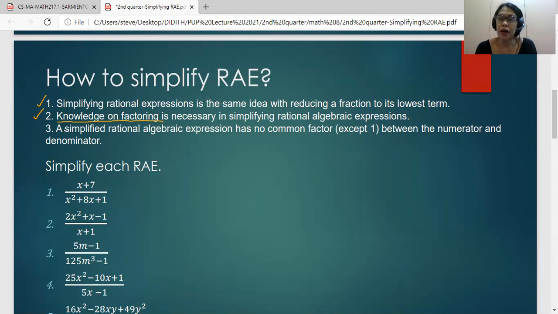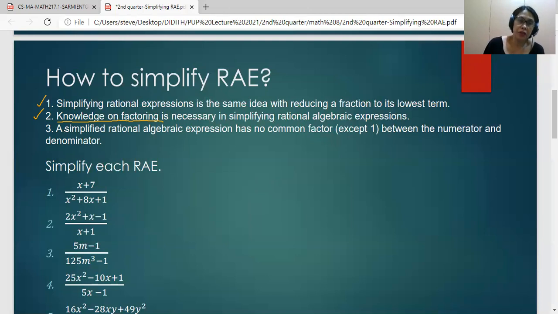Reducing a fraction to its lowest term is moving out the greatest common factor between the numerator and the denominator, so we must know how to factor polynomials, since both numerator and denominator are polynomials.